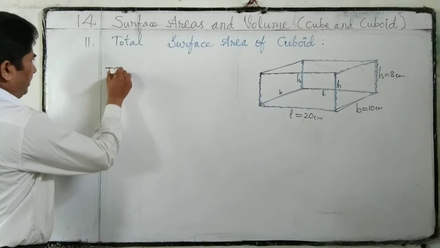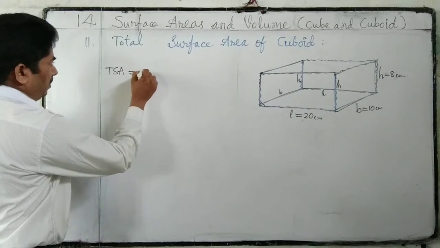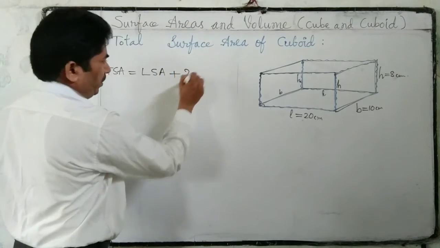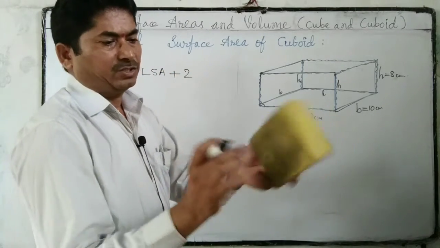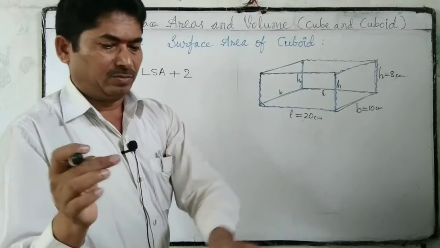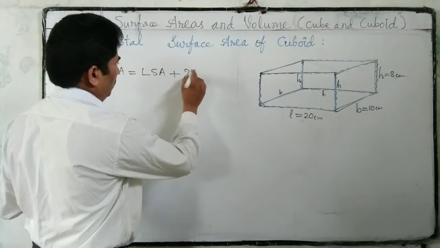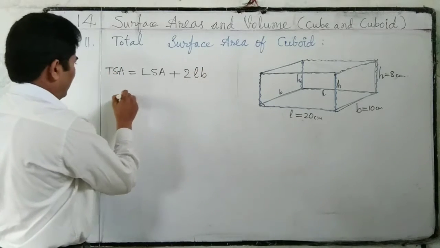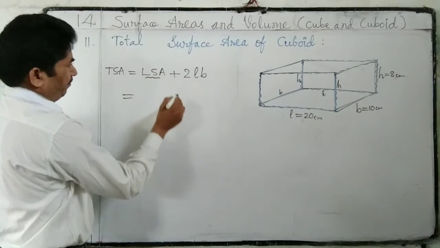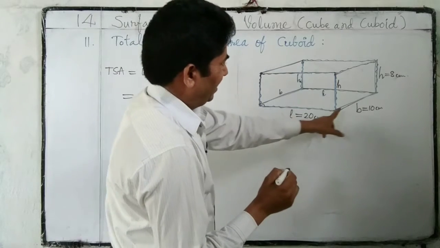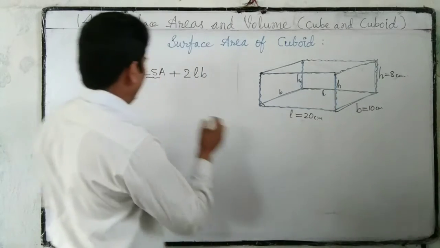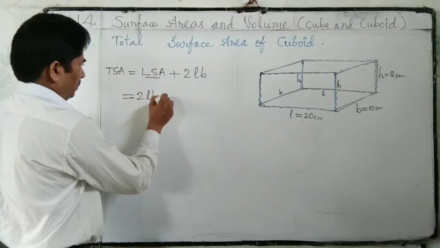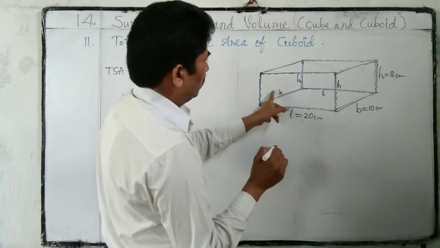Total surface area is equal to lateral surface area plus 2 into, this is length, this is breadth, 2LB. We already know lateral surface area, 2LH plus 2BH.